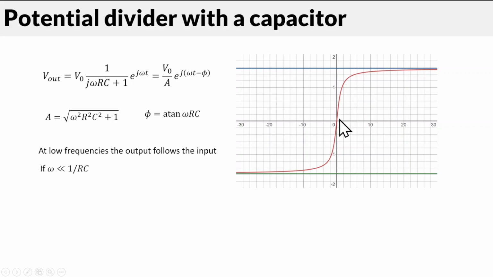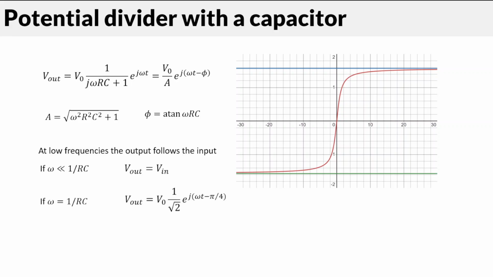If we make omega small, we're going to be close to 0. And so ultimately, if we have low frequencies, we're going to have an A approximately equal to 1, and a phase angle approximately equal to 0. And so in the low frequency range, V naught over A e^(j(omega t minus phi)) is going to look just like the input voltage. They'll be in phase and they will be the same magnitude.